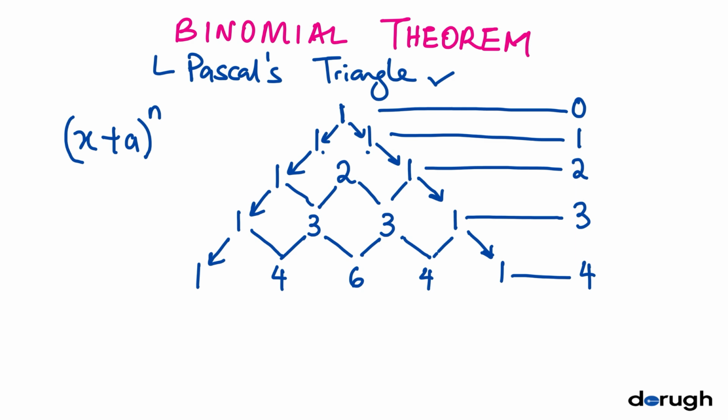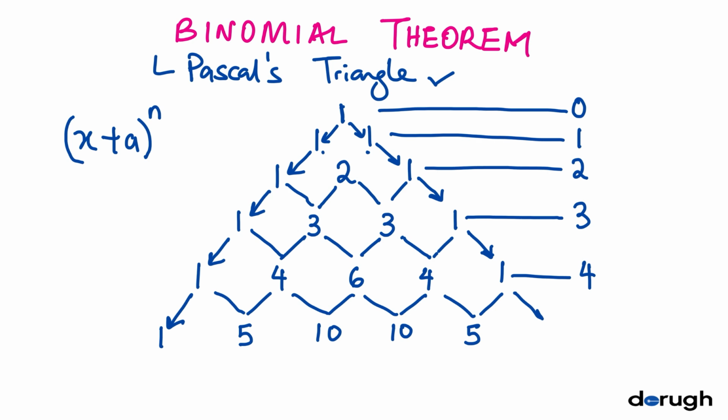For good measure, let's see what level 5 for n power 5 would look like. We have 1, we have 5, we have 10, we have 10, we have 5, then we have 1. So this is what n power 5 looks like.